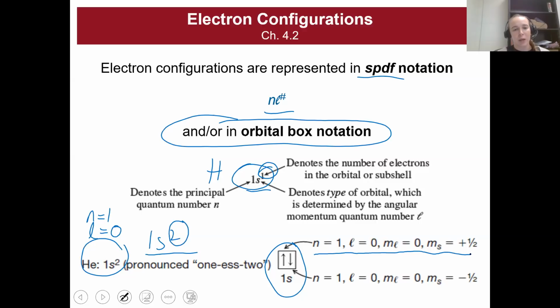And then, because we have 2 electrons in the same orbital, the other one has to have m sub s equal to negative 1/2, because we can never have 2 electrons with the same combination of those 4 numbers. M sub s has to be different if we have 2 electrons in the same orbital. So when we have 2 electrons in the same orbital, the first 3 numbers are the same, so the last one has to be different. Cool.